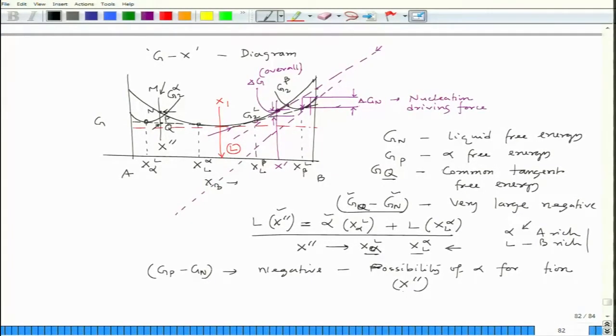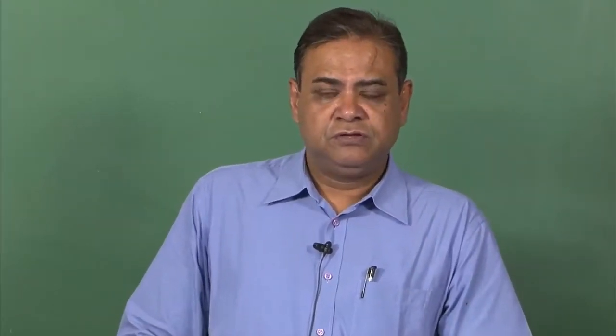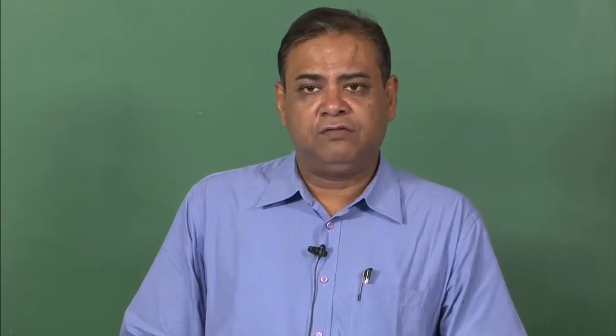But since this is negative, it can form alpha with the same composition as the liquid, which is X double prime. So, diffusion is not needed for this; only short range transformation can form alpha.